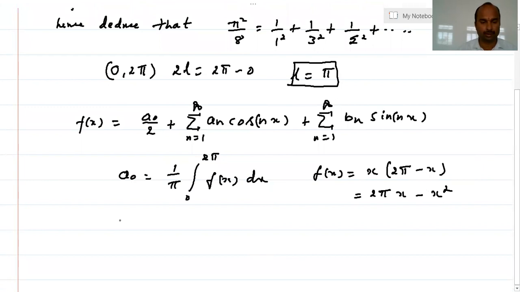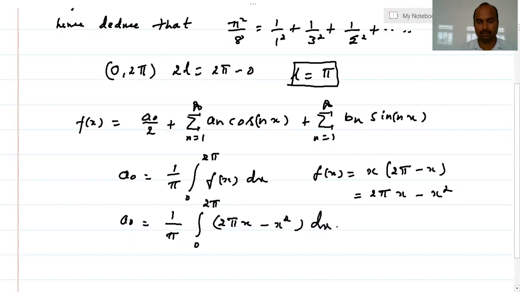Substitute this. A naught is equal to 1 by pi into integral from 0 to 2 pi of 2 pi x minus x square into dx.